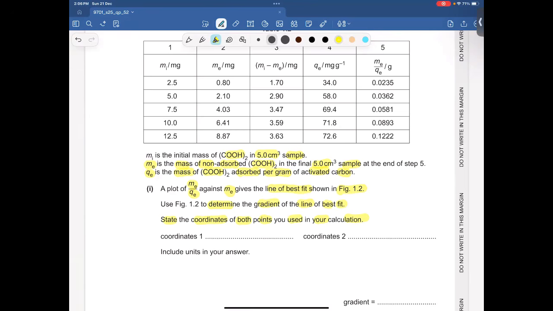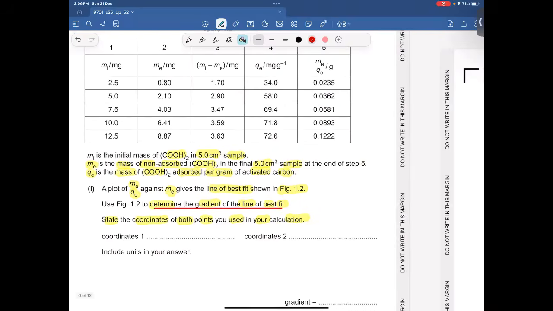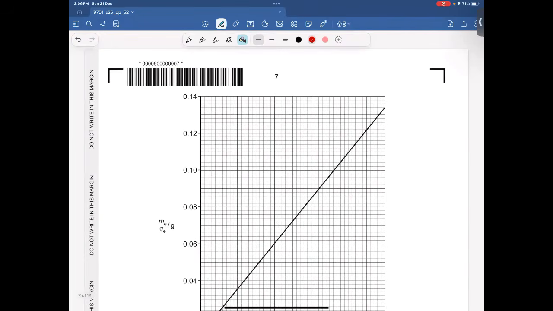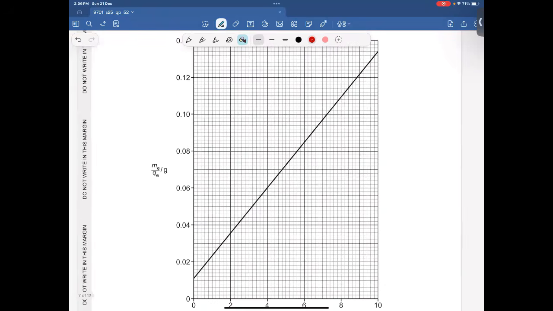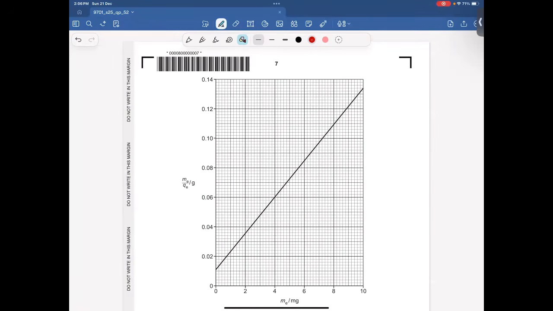Okay, so let's move on to figure 1.2, but before that, let me underline this information. To get the coordinates, I'm going to use any 2 points of the line of best fit.